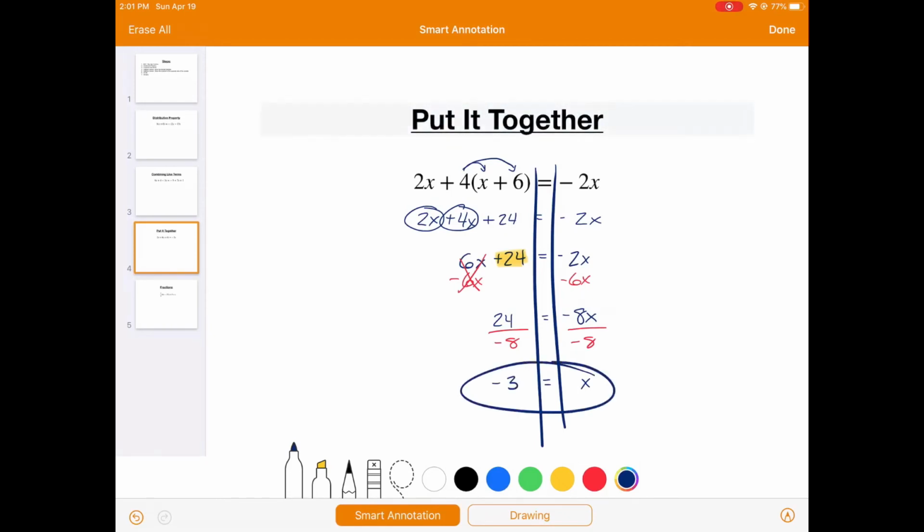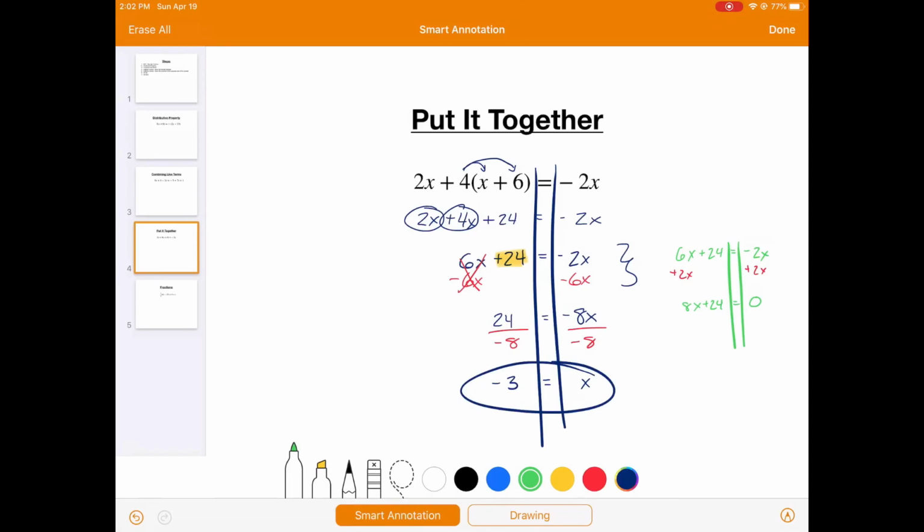Now, when I was at this step right here, what I could have done, and I'm going to do it off to the side so that you see that it's the same, is if I had 6x plus 24 is equal to negative 2x, and I wanted to move my smaller variable, I could have added 2x to both sides, and I would have ended up with 8x plus 24 is equal to 0, because negative 2x plus 2x is 0.